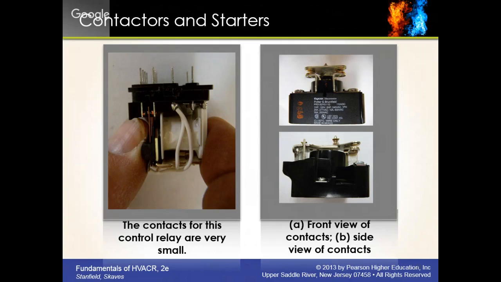Contactors that are connected to the load will need to be larger. So we can tell easily just by glancing at these two, this is going to be on a much bigger load than this. Although they operate almost the same, with this one having the exception of overloads that we'll talk about in a second, they are almost identically the same thing. It's just one set up to switch a much higher load.